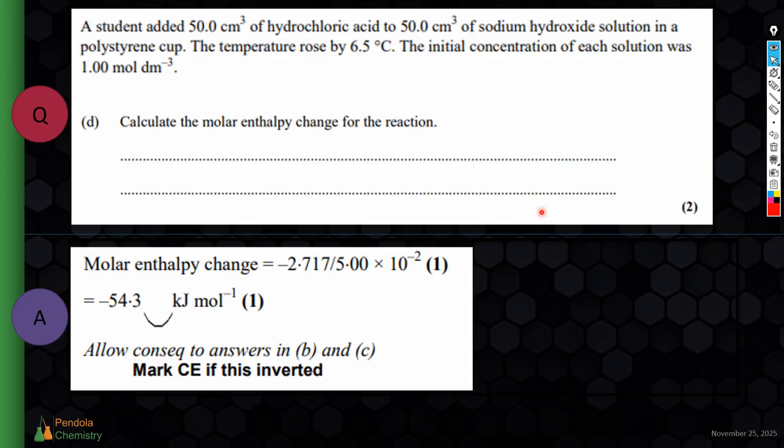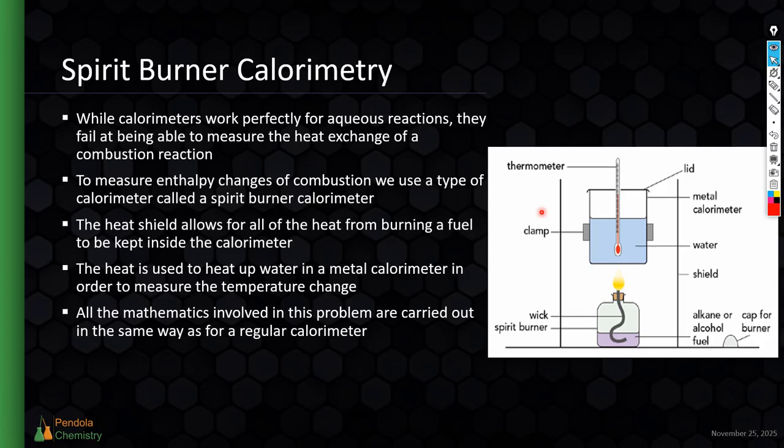Now let's look at another type of calorimetry called spirit burner calorimetry. Spirit burner calorimetry, like all calorimetries, addresses the same topic. It addresses the amount of energy needed for a reaction to happen, either the amount of energy given off or the amount of energy absorbed. It calculates Q, and so on and so forth.